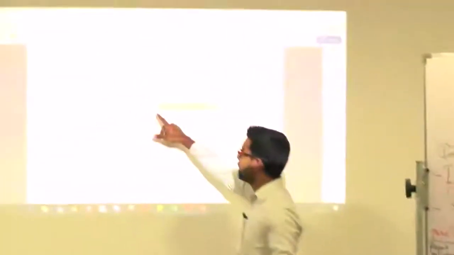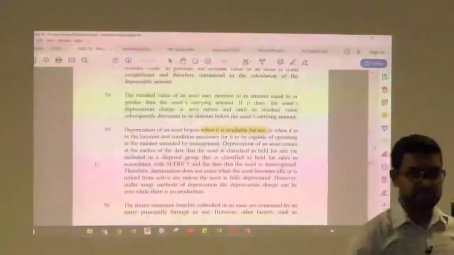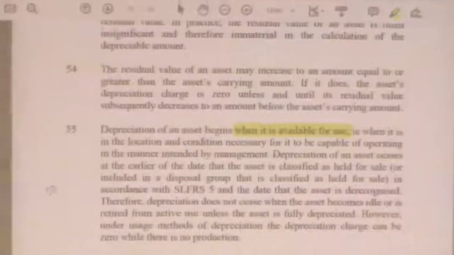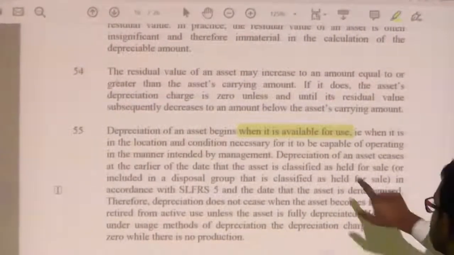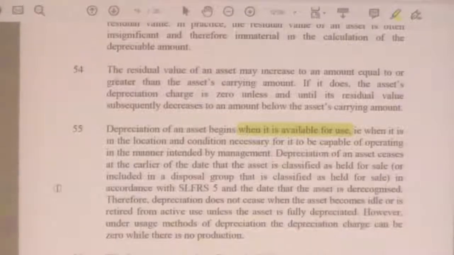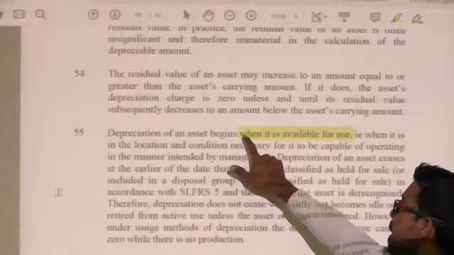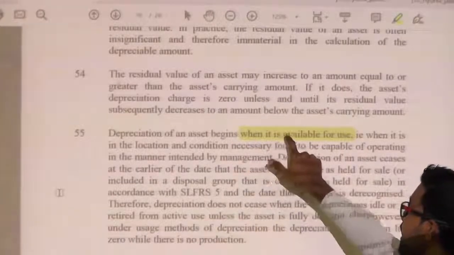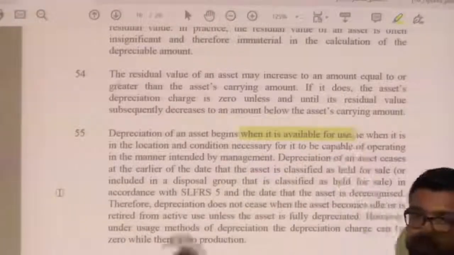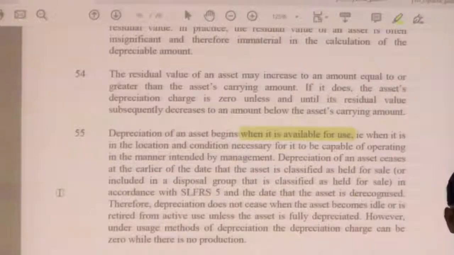Depreciation. In yesterday's session, when I started to discuss this LKS 16, I took one example on this part, paragraph 55. Depreciation of an asset begins when it's available for use. Underline the words available for use.